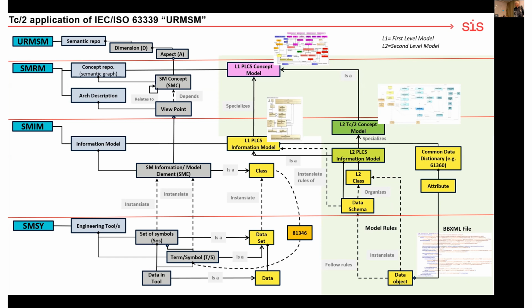We have to select what attributes we would like to expose when we integrate data between systems. For each of those attributes, we have to ensure a correct mapping from this BBXML to the actual IT system that adheres to the definition of that attribute on the concept, and that goes all the way up to URSM.